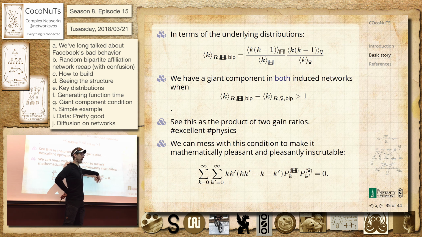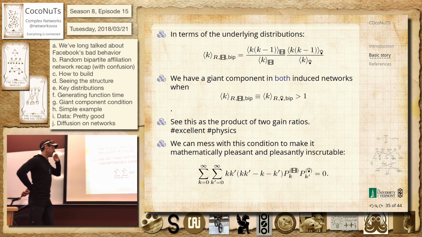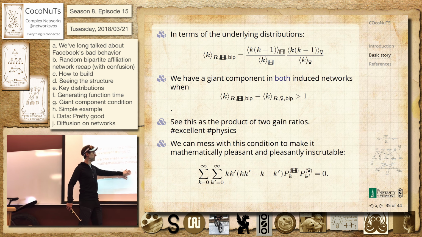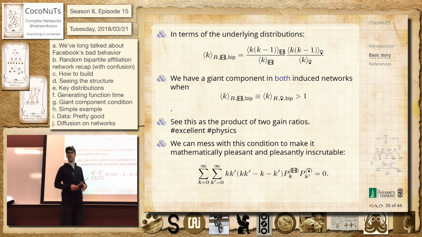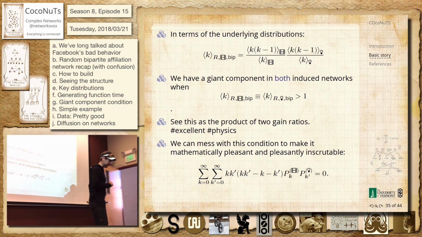You're not sure if it's greater or smaller than for which you have a giant component. That's been lost. The thing is, this has been derived from some limiting condition. If you remember, we looked at the average finite component size, and that exploded around the giant component coming into existence around the phase transition.